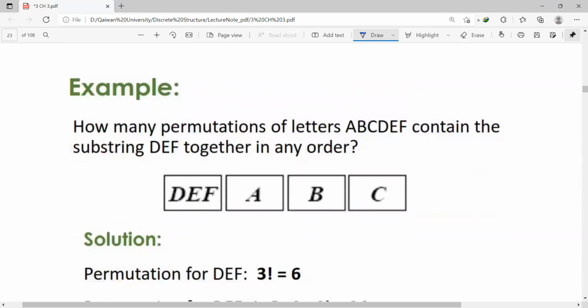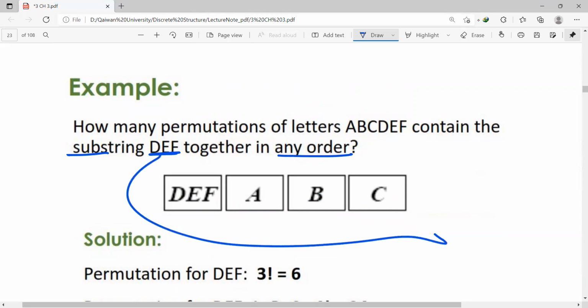We have another example. It says, how many permutations of letters A, B, C, D, E, and F contain the substring D, E, F together in any order? That means for D, E, F, it could be D, E, F. It could be F, E, D. It could be E, F, D, and so on.